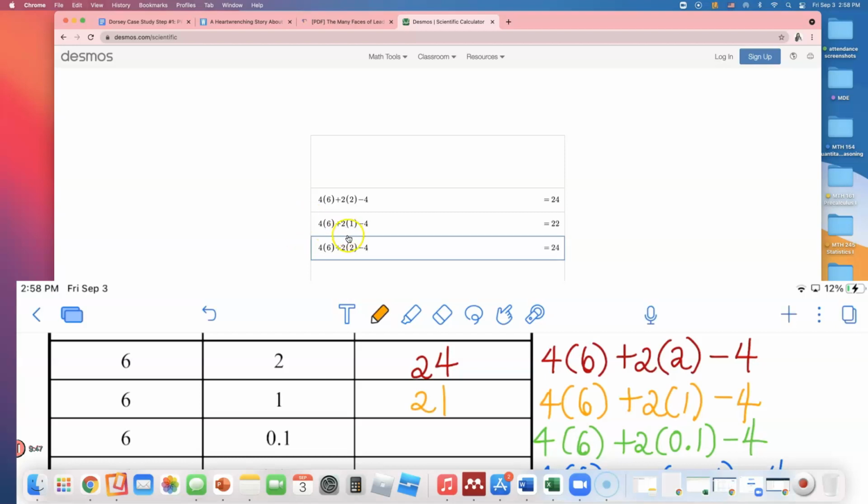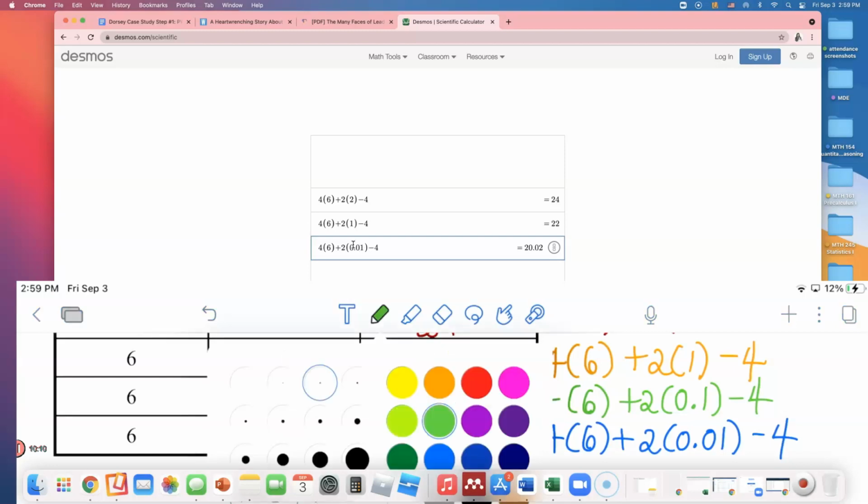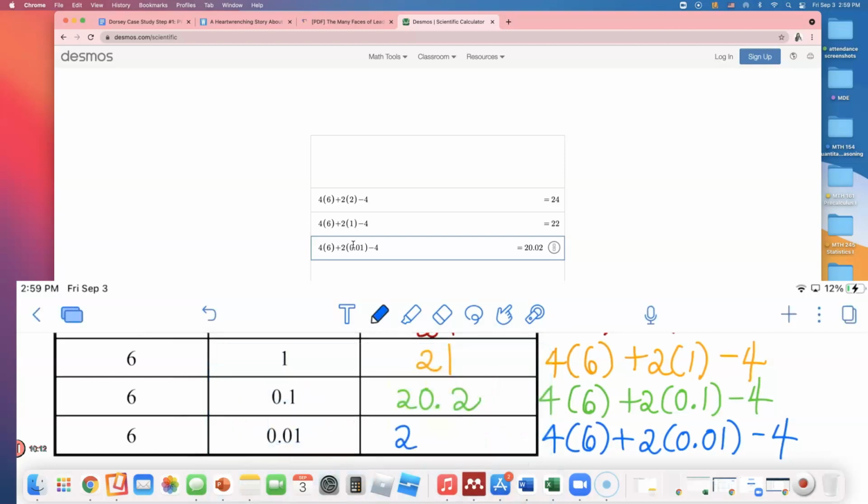Next number, the h value is 0.01. I'm sorry, 0.1. That comes out to be 20.1. And the last one, I need to just add another 0 after this decimal point for h, and that is 20.02.